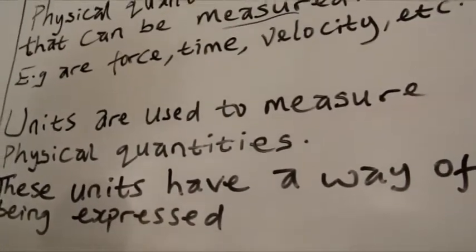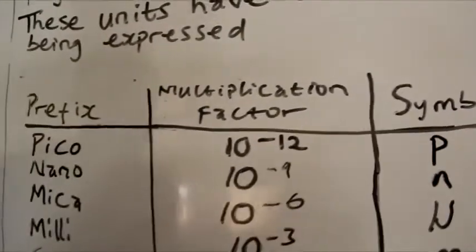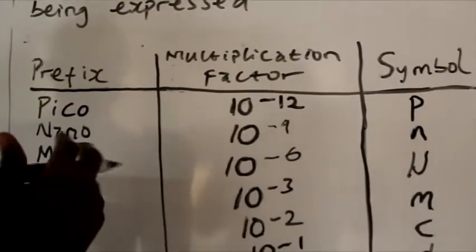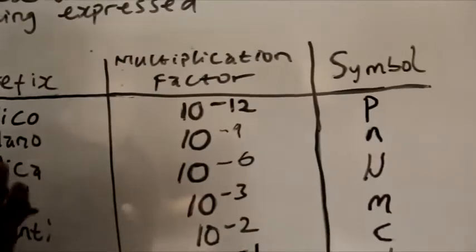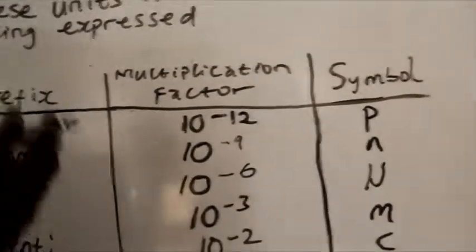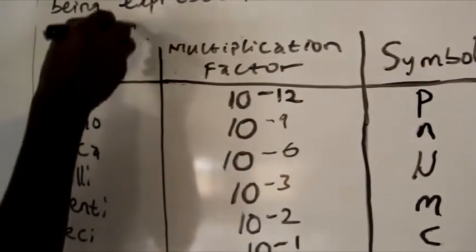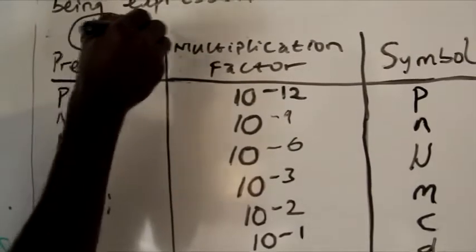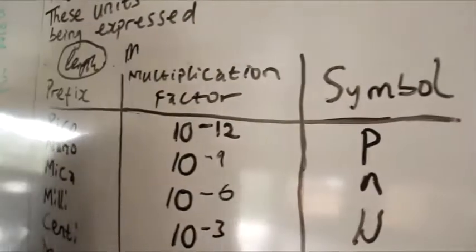Look at the table below. Prefix, multiplication factor, and symbol. Now, this means that there are certain units that are derived from other units of a particular physical quantity. For a particular physical quantity like length, there are certain units of length that are derived from another unit of length.